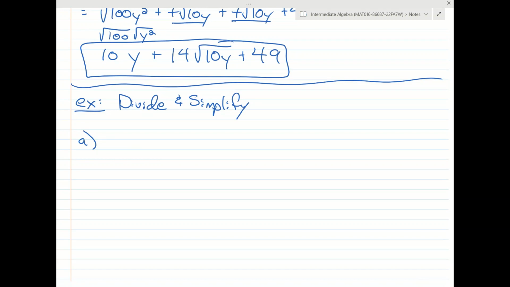The way that we do this is we try to combine as a radical just with one fraction, and then we simplify. I'll show you what I mean.